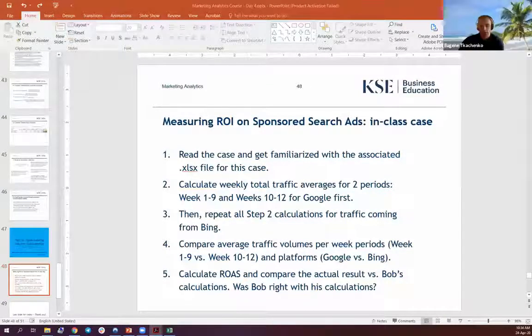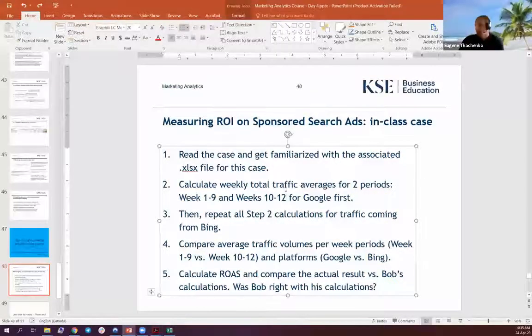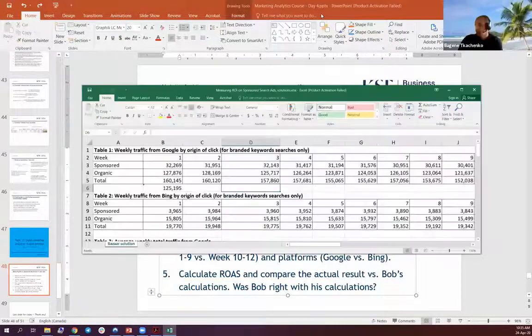And the basic assumption, and what I asked you guys to do, was summarizing and identifying the averages for the first two periods for Google, between weeks 1 to 9 and 10 to 12, just to see the average number spikes for all the traffic. One second, just trying to drag this spreadsheet to the screen.